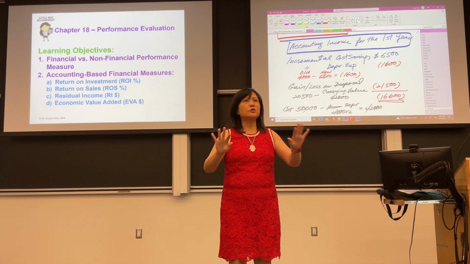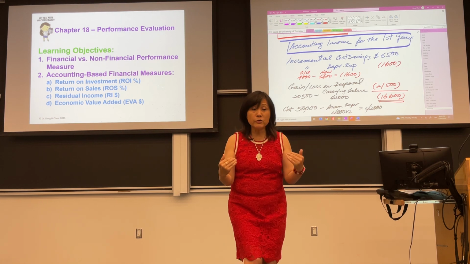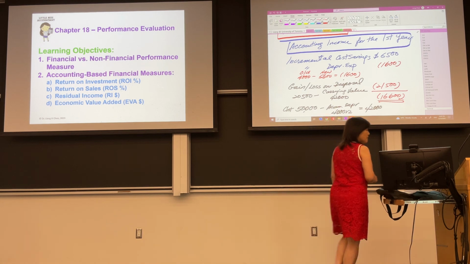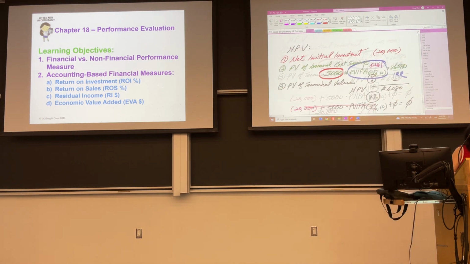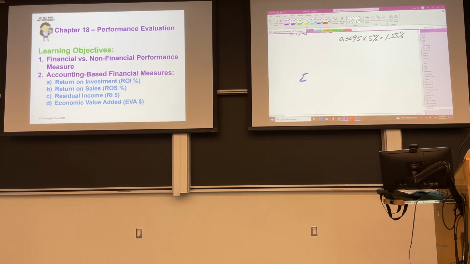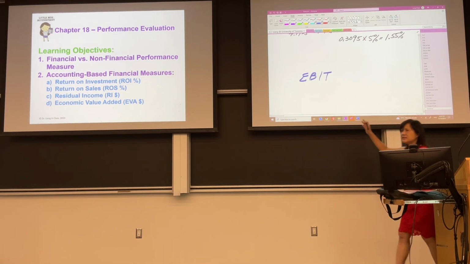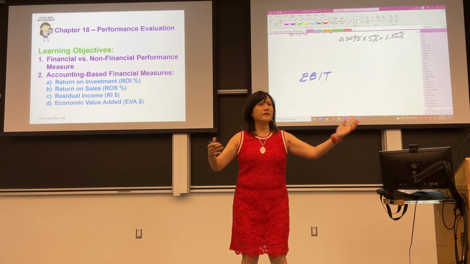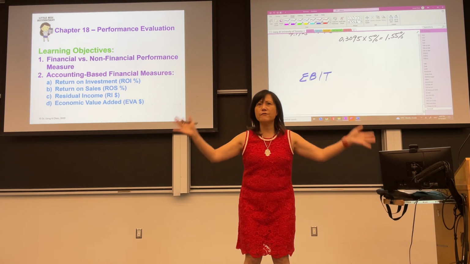We want to encourage managers to do their best, so we move up again. So we call it EBIT, earnings before interest and taxes. EBIT. Earnings before interest and taxes. So these are the things that if you operate, and this is a fair assessment for everybody.